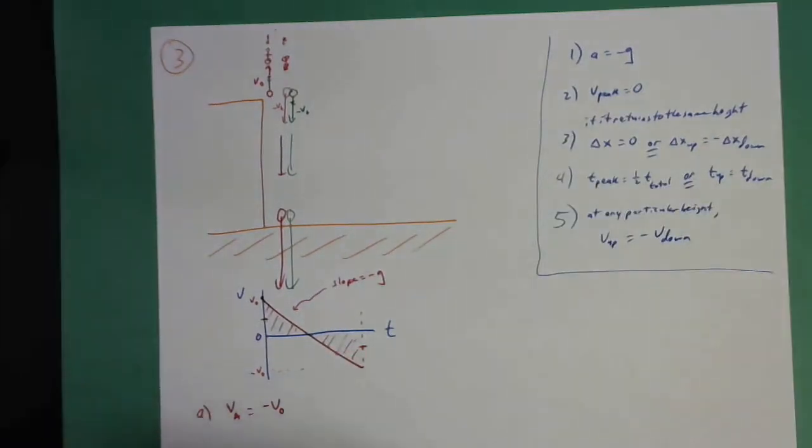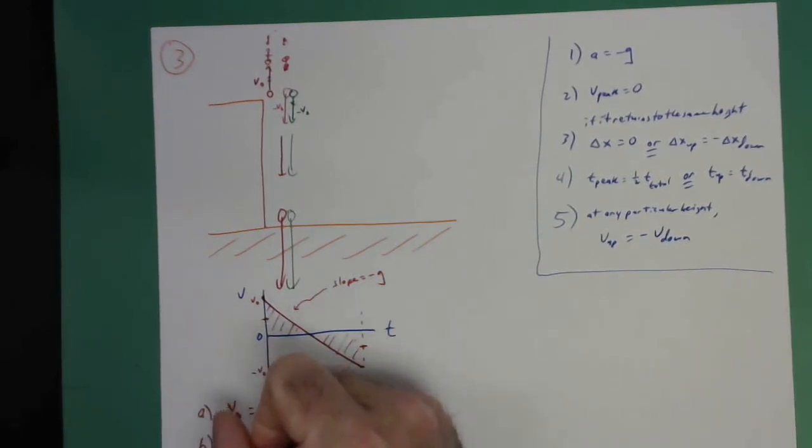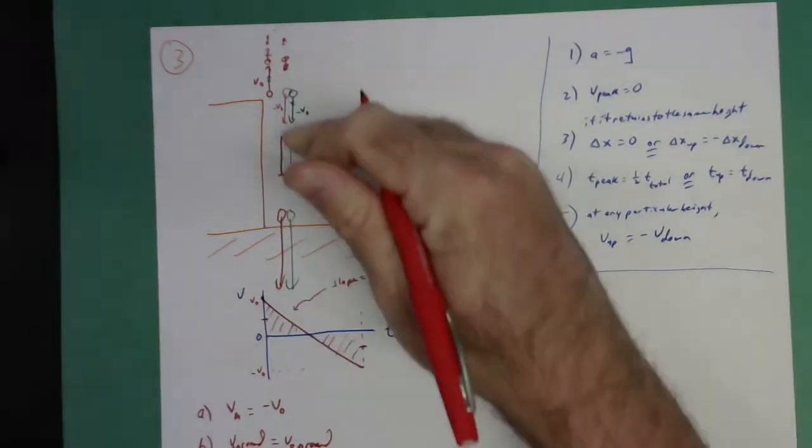So ball A, from here on out, has motion identical to ball B. So those velocities when they hit are going to be identical. V of A at the ground is going to be equal to V of B at the ground. Their motions are identical from there on out.